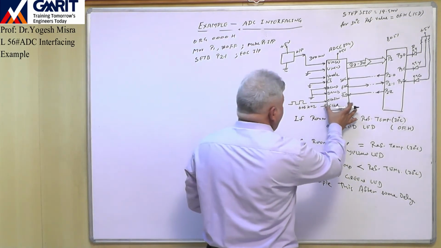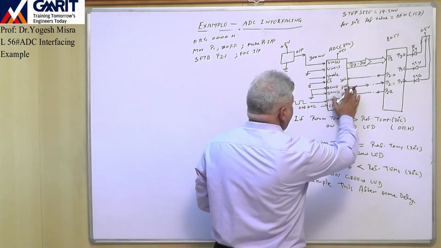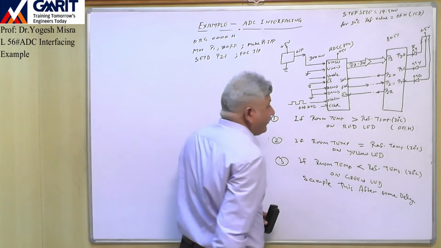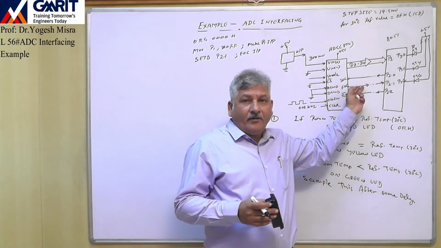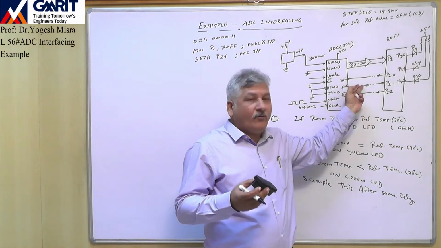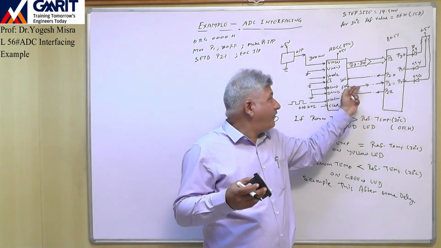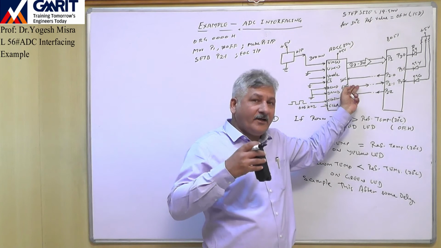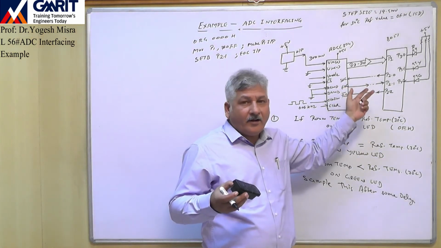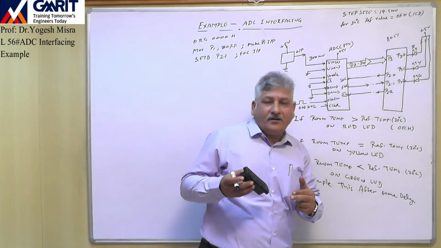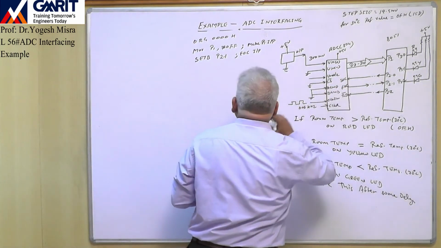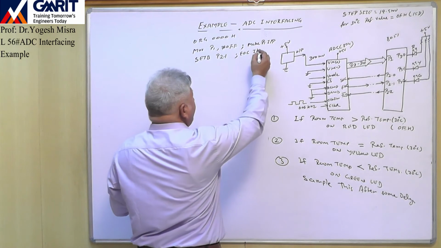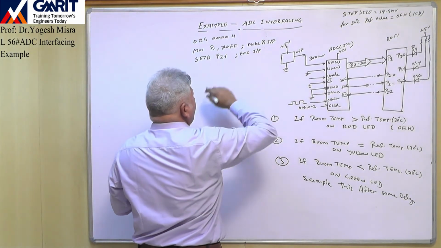Basically EOC, end of conversion, is the output for ADC, but it is acting as an input because we have to read the value of end of conversion. We have to read this value whether it is 1 or 0, because whenever its value will become 0, it indicates us that conversion of analog to digital has been completed. That's why this pin is input for EOC input.